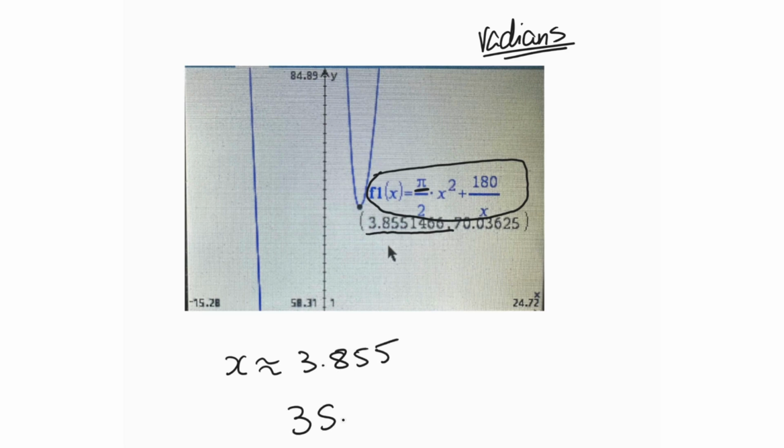So over here I've used my calculator to graph the function, which again I've seen here, f of x is equal to this, and by graphing it I'm making sure that your graph setting is in radians as it's in pi. You would get your minimum value of x to be approximately 3.855, rounding to 3 significant figures.